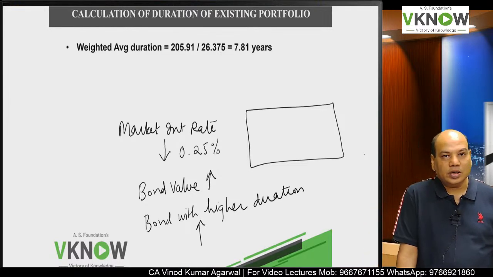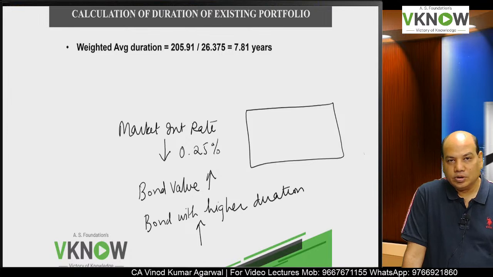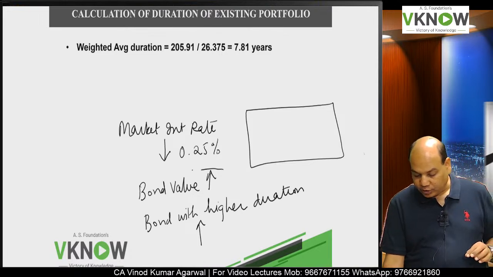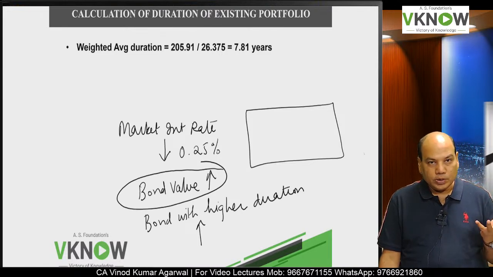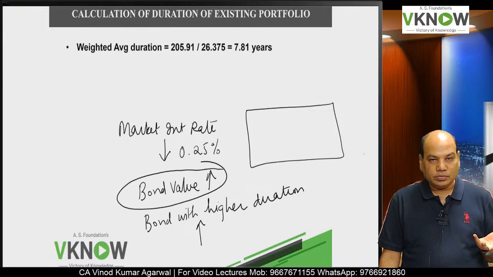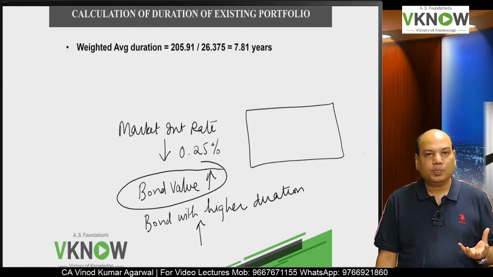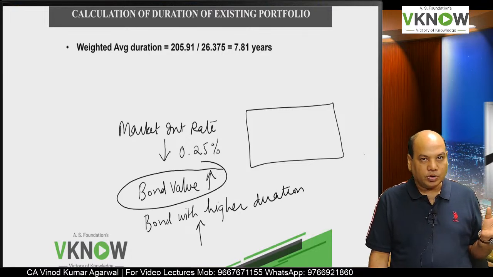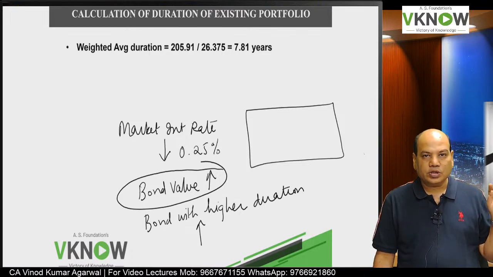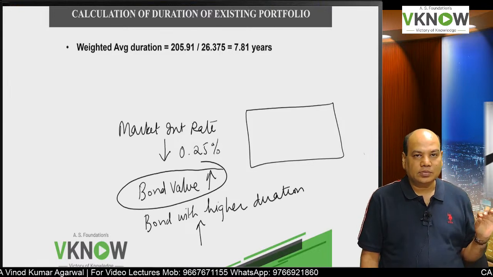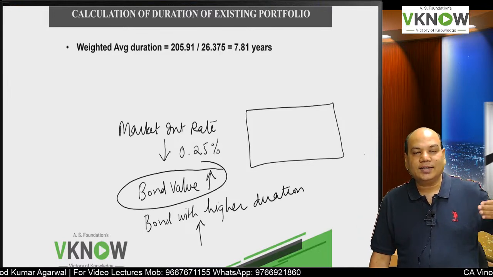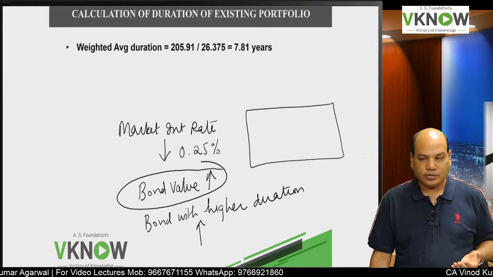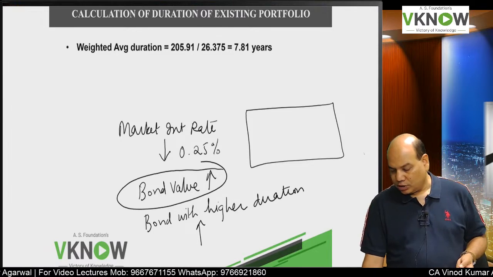Higher the duration, higher the price sensitivity. So you will profit more if the duration of the bond is higher. For the same change in YTM, it will produce a higher impact on the bond price. So now I have given you enough hint.